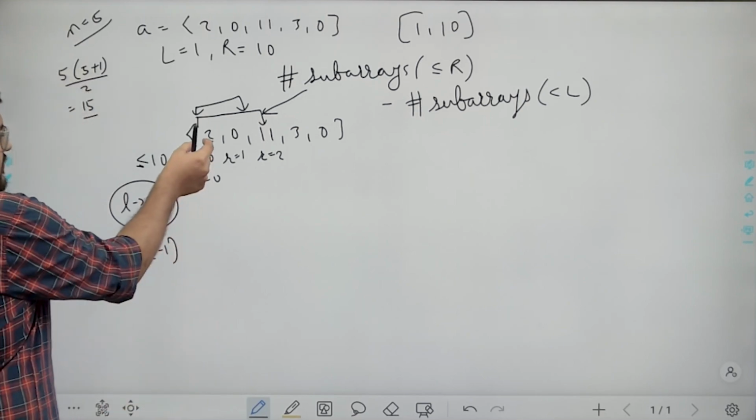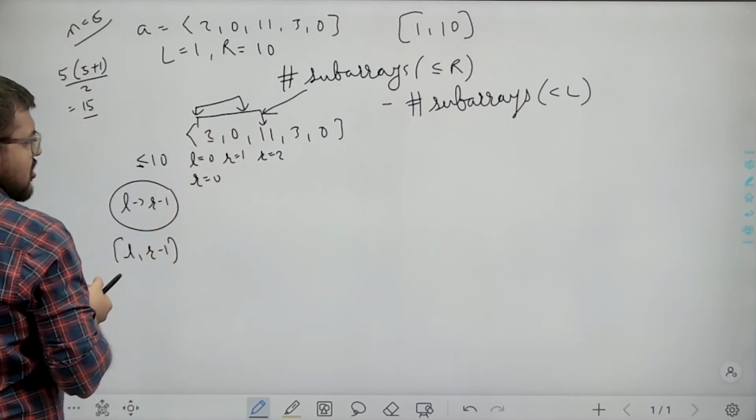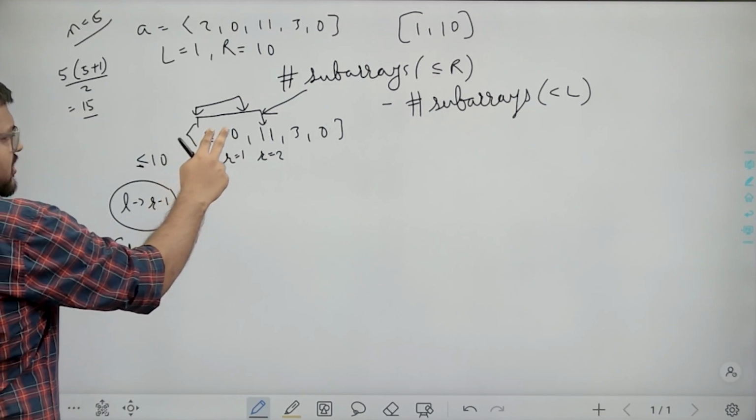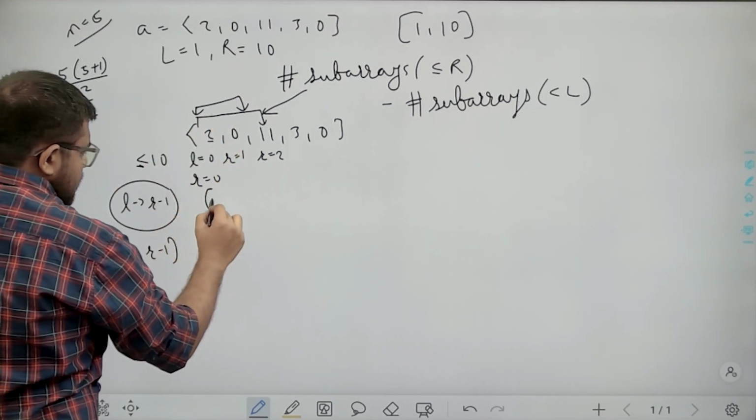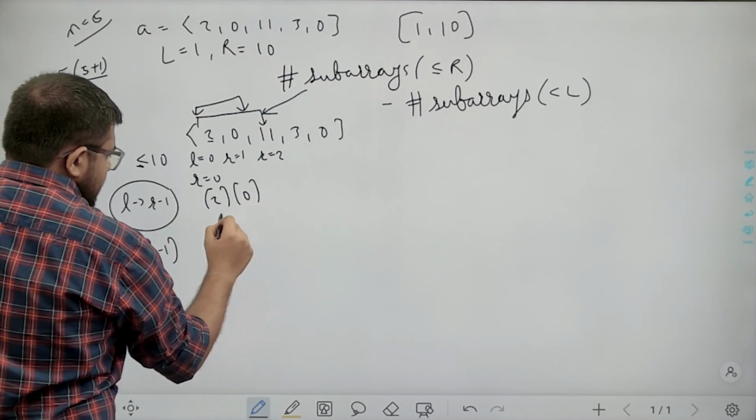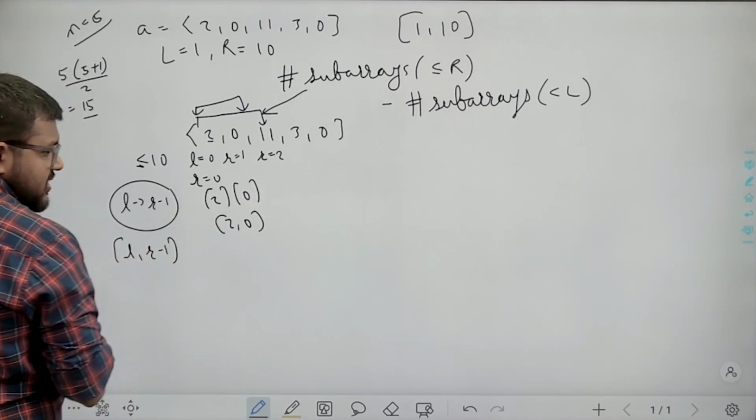So the number of subarrays from 0 to 1 is how much? 3: this single element alone, the other element alone, and both together, okay? 2, 0 and 2, 0. In general, how can I calculate?